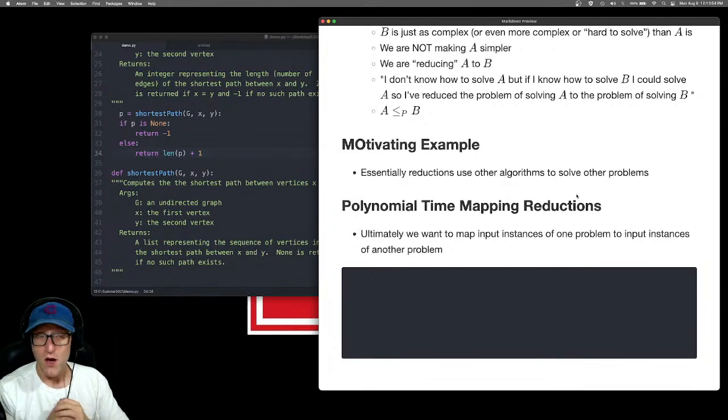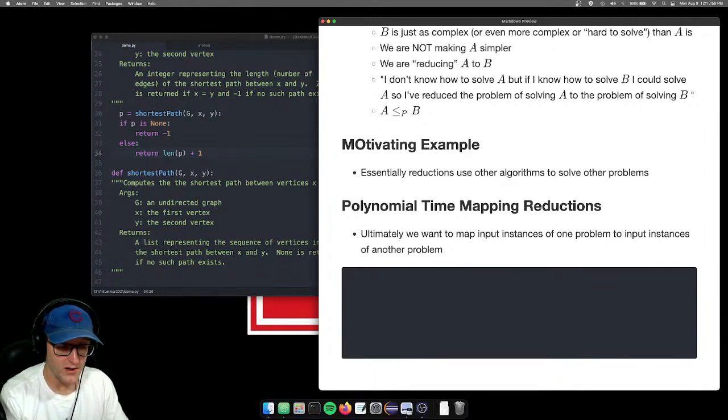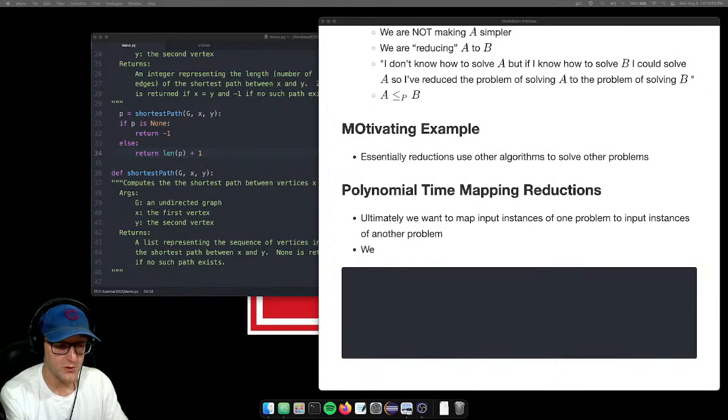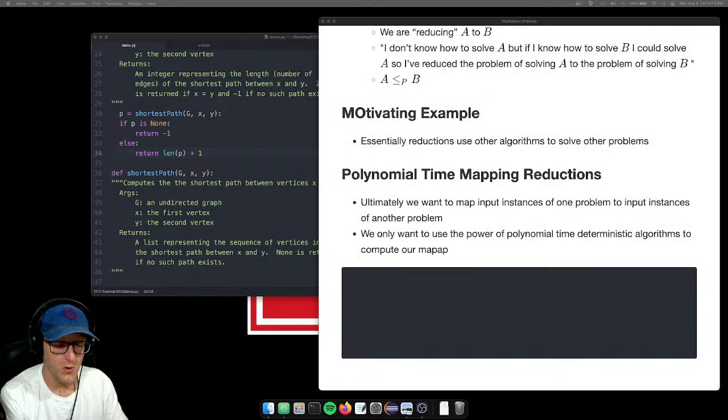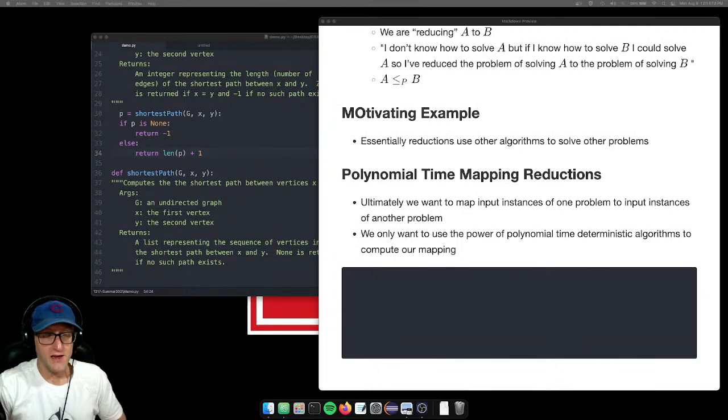So we're not going to use nondeterminism in our mapping. Ultimately, what we want is a deterministic mapping. We only want to use the power of polynomial time deterministic algorithms to compute our mapping. We don't want to cheat. We don't want to suddenly use any Turing machine, which could happen to be a nondeterministic polynomial time Turing machine, to cheat and solve our problem directly.